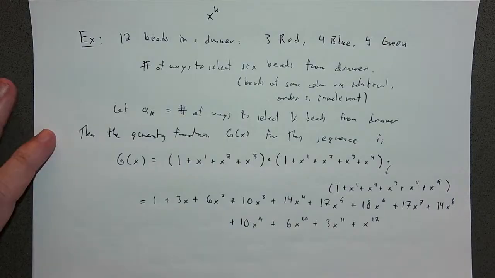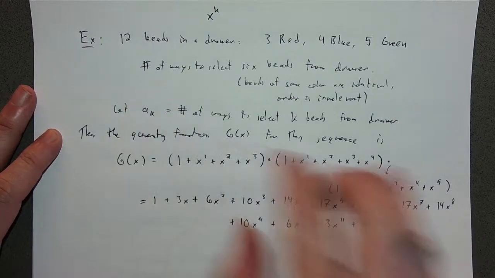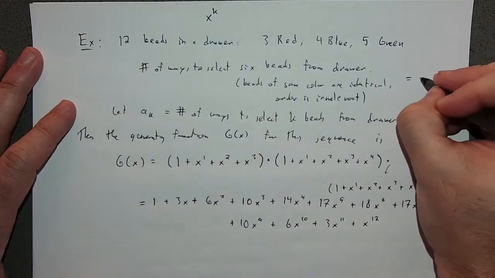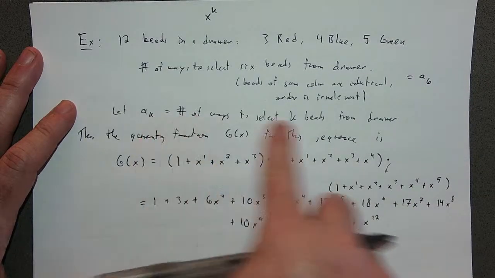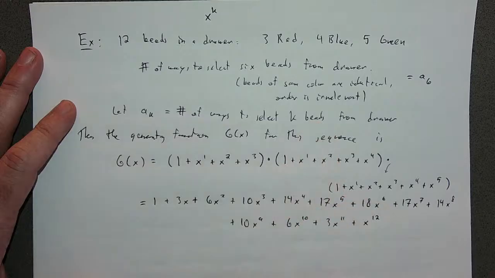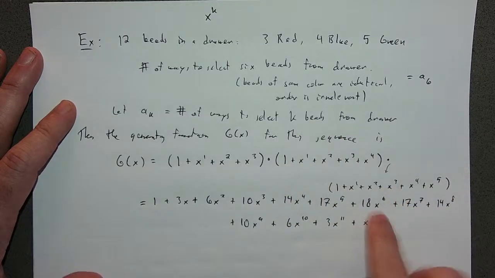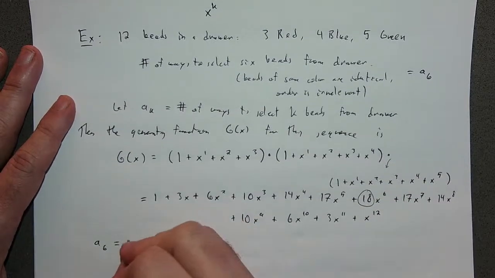Where is the solution to our question in here? Well, what we wanted was the number of ways to select 6 beads from the drawer, but that's a sub 6. We found the sequence a sub k for selecting k beads from the drawer. What is a sub 6? A sub 6 is the coefficient on the x to the 6 term. So a sub 6 is 18.